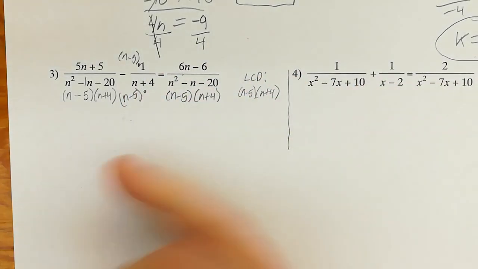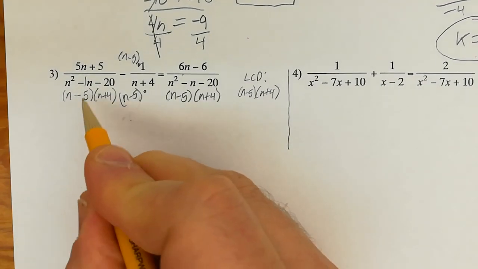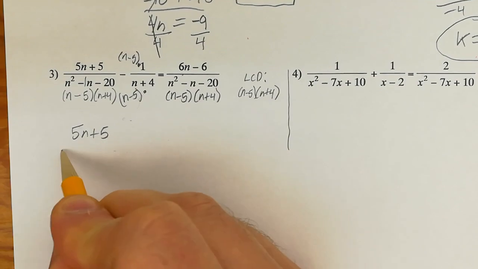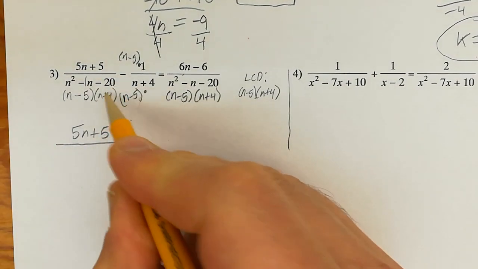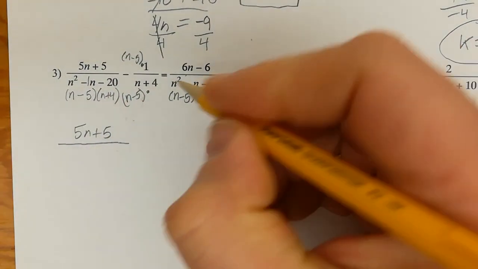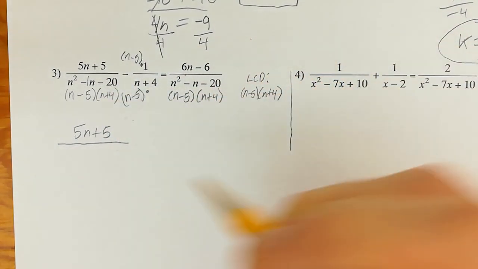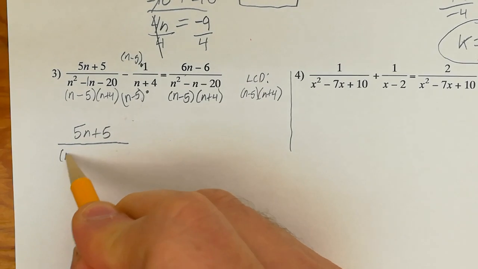Okay, so that will end up looking like, let me write this all out. Luckily, I'm not going to have to worry about the numerators, I don't have to multiply the numerators by anything on these two, since they have the common denominator as their denominator already.